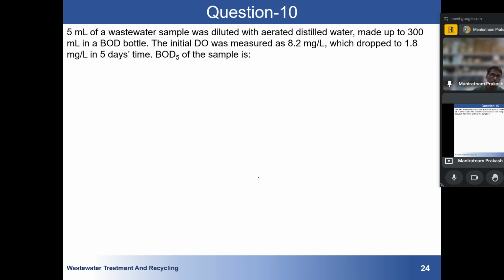Before solving this question, I will go into the details of how this experiment was done, how the initial and final DO are used, and why 300 ml. There must be curiosity: why 300 ml, why 5 ml sample, why a 300 ml BOD bottle. So I will go one by one.